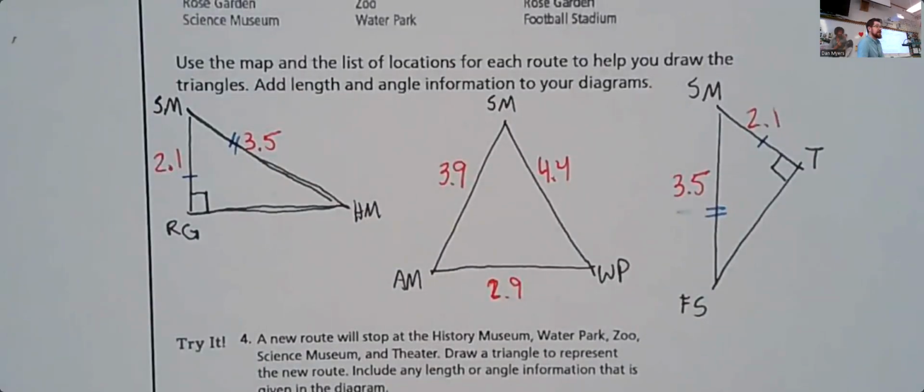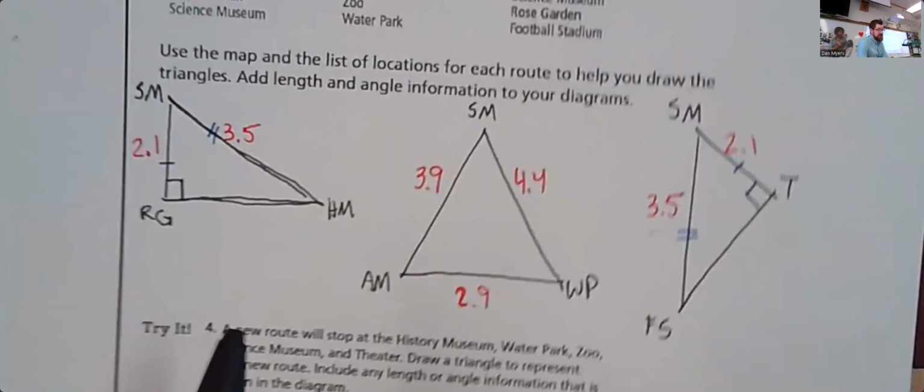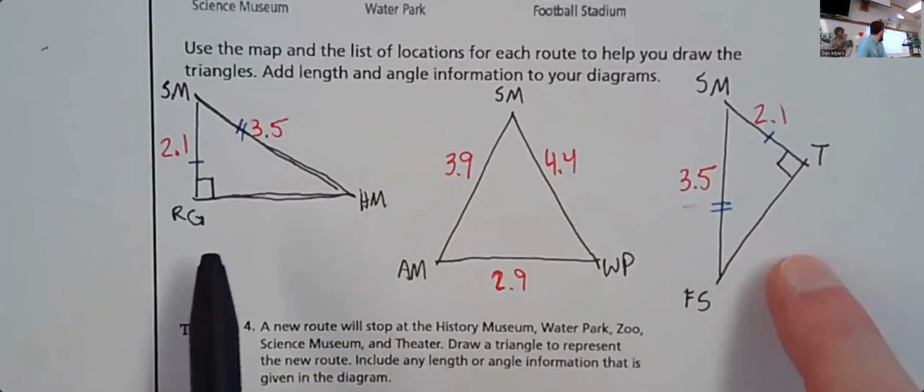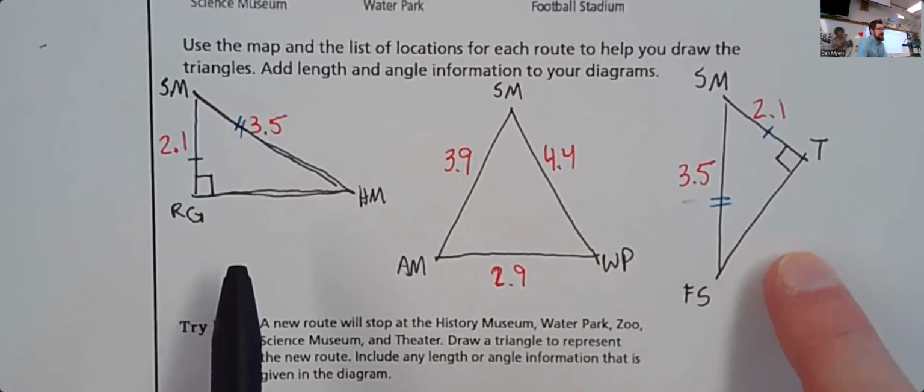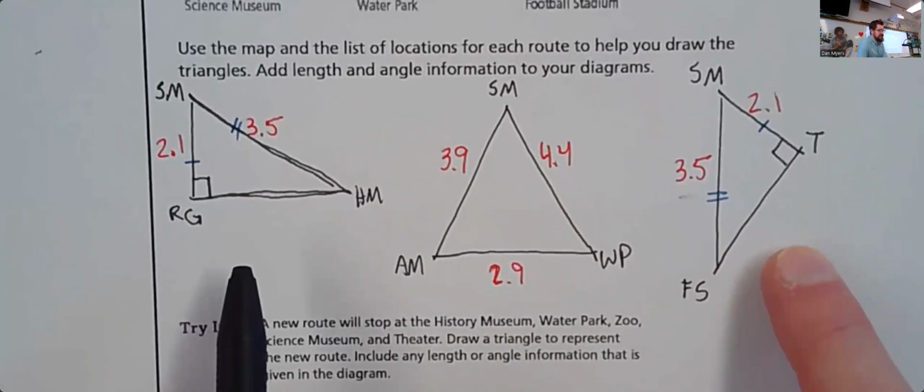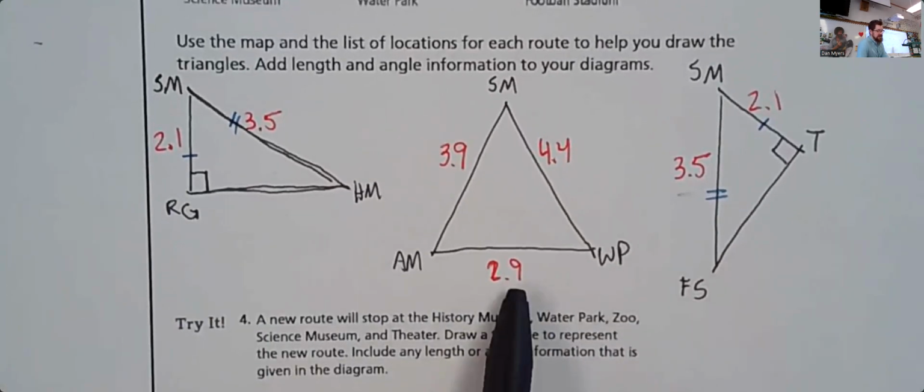That looks like HL to me. Certainly looks like HL to me. So we know that green and red are the same length. How can we show that they either are or are not the same length as purple?